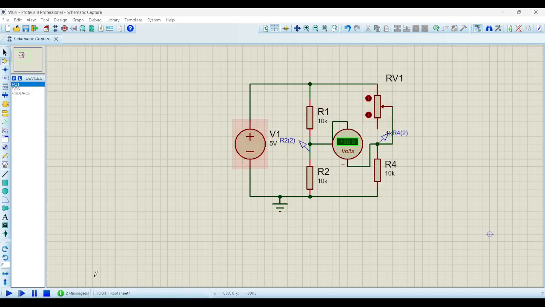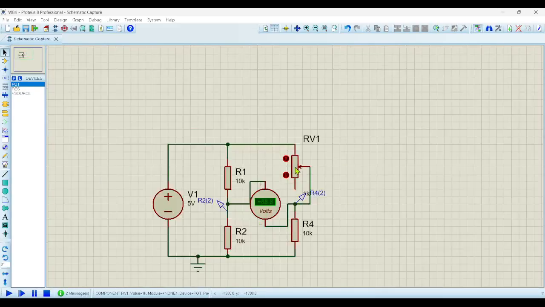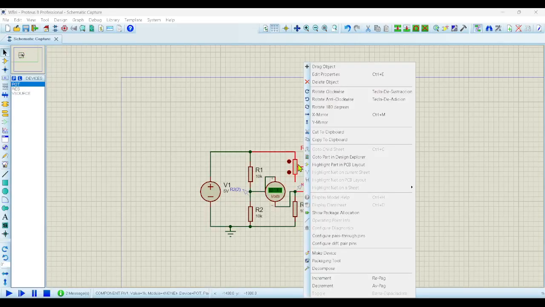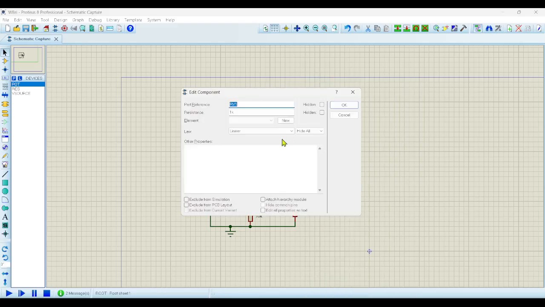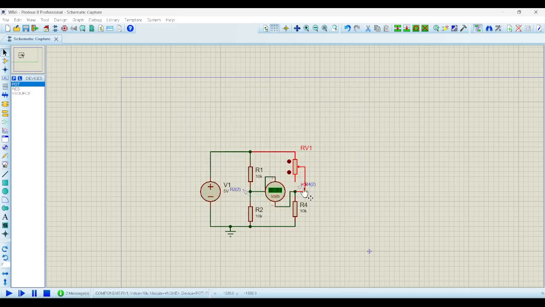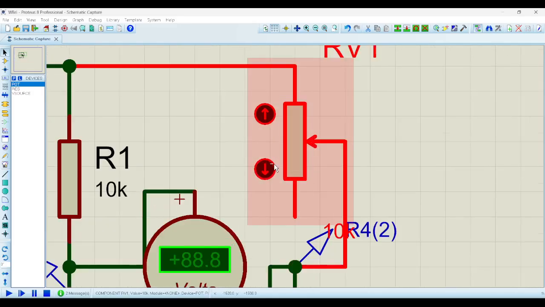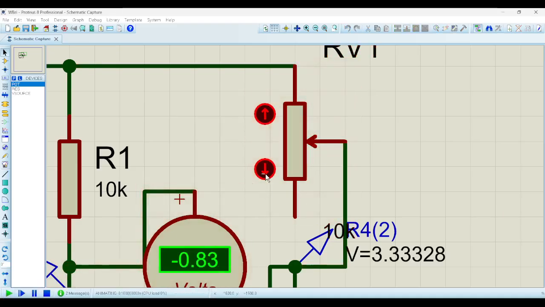I will suppose that I have a potentiometer of 10K. Let me edit the value. I don't know why it's not letting me. Edit properties. Okay, perfect. So I will suppose I have a 10K potentiometer, that is the maximum value when I am measuring. Let me run the simulation just to check this.